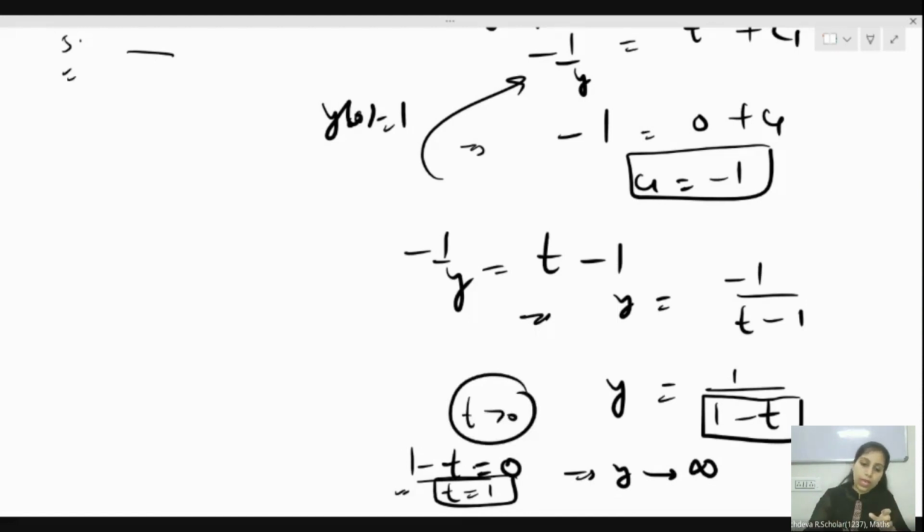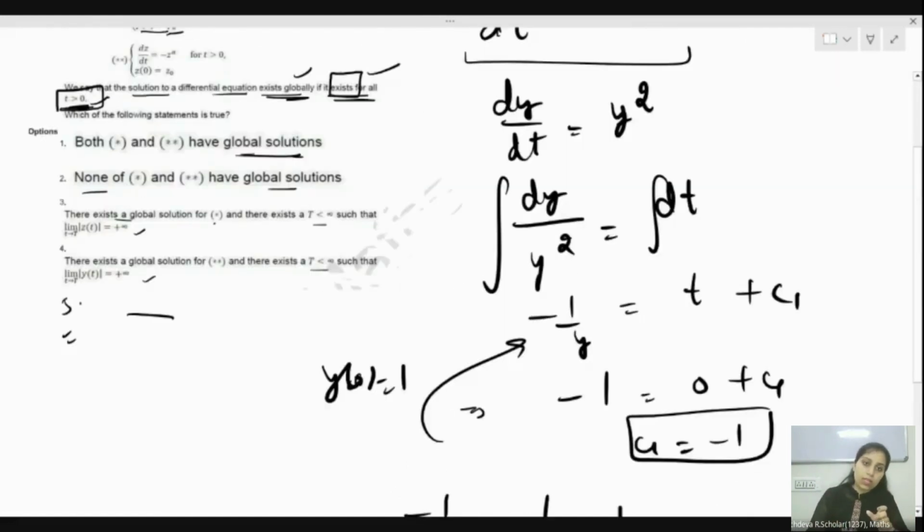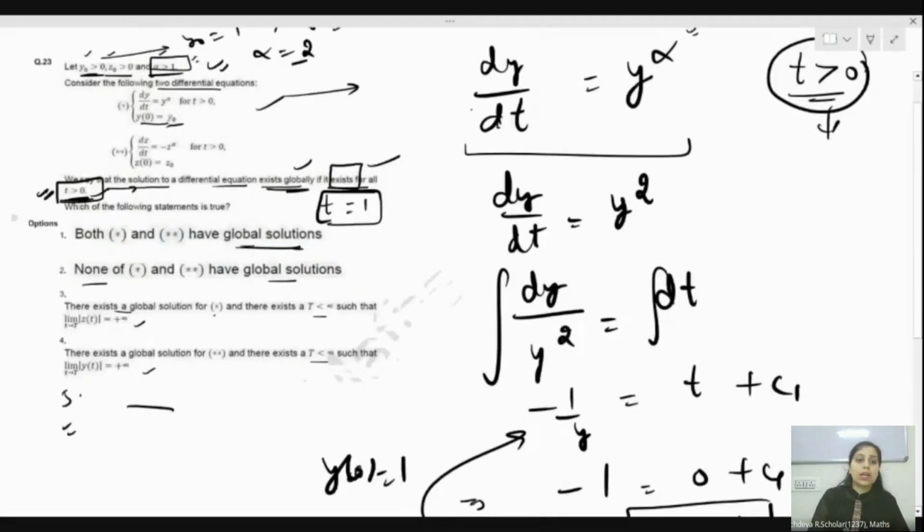The focus is only on t greater than 0. So when we take t equal to 1, in this situation the solution is tending to infinity. So for the problem number star, the solution does not globally exist.